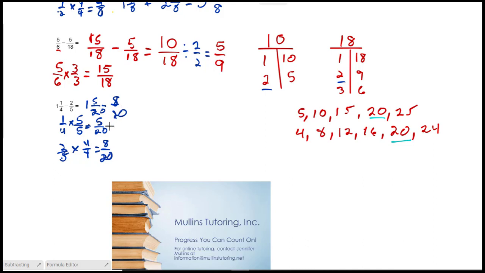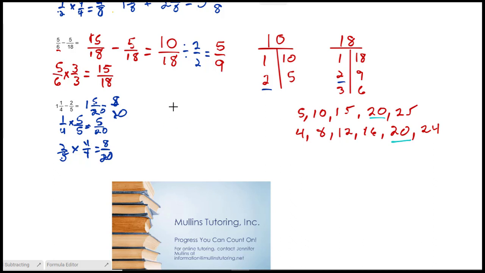Okay, so now we have common denominators in order to subtract, but the problem is that the numerator for the first number is less than the numerator for the second number, or second fraction. So I'm going to rewrite this over here.